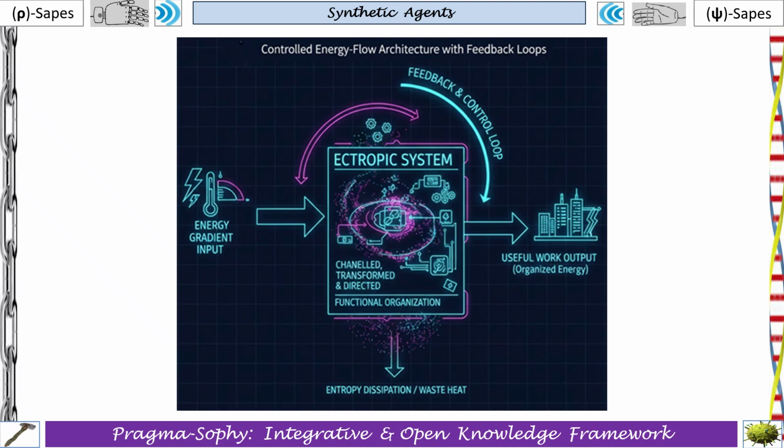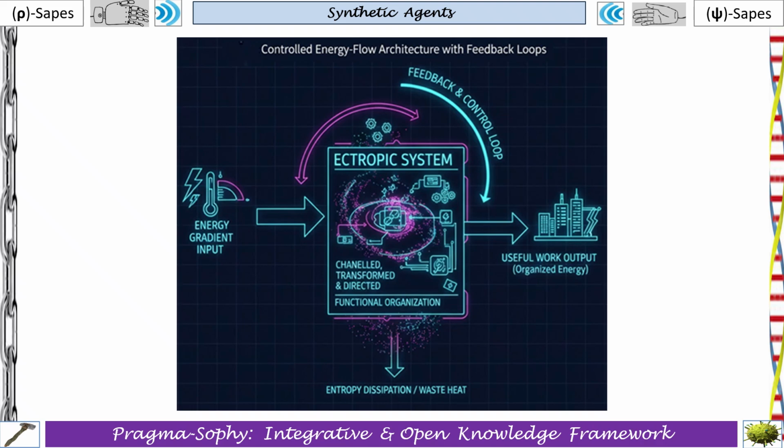This brings us to ectropy, the active exploration of energy gradients. Engines, regulators, and converters do not merely resist entropy, they channel energy into functional flows.